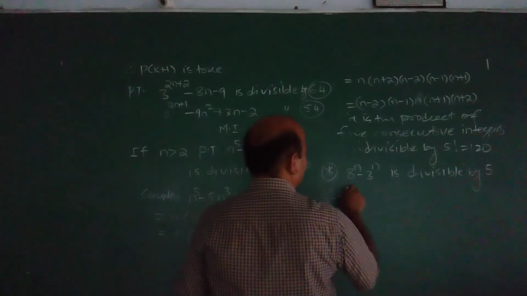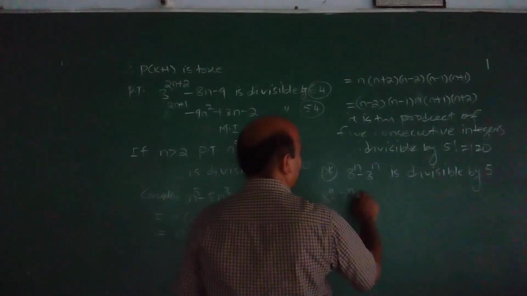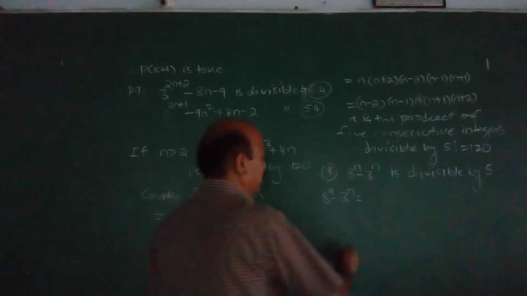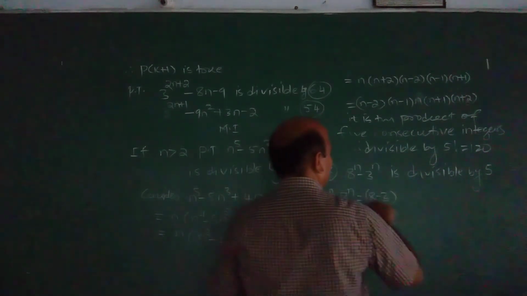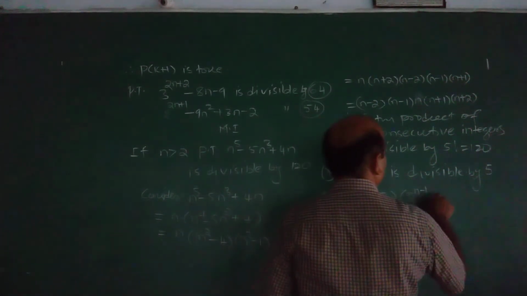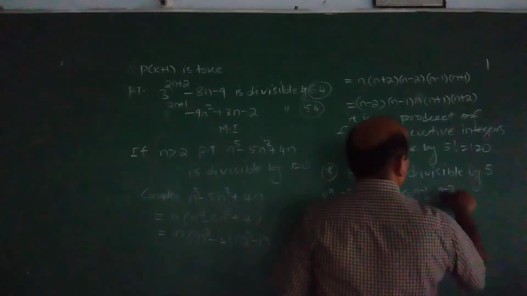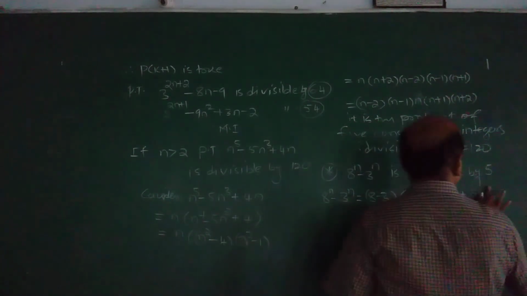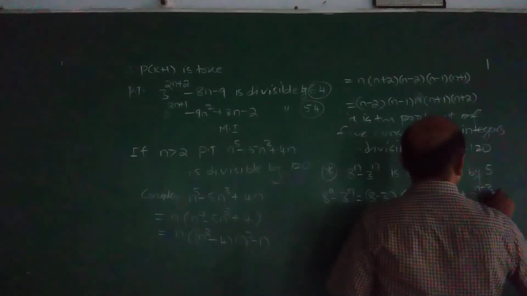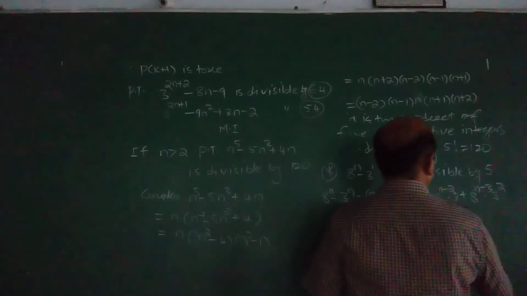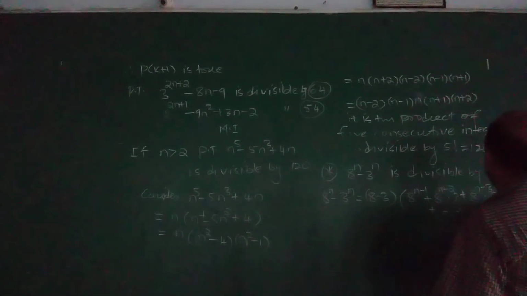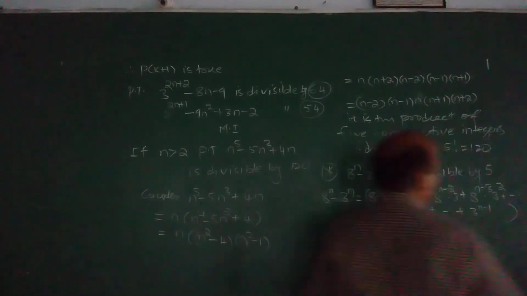We write 8 raised to n minus 3 raised to n, we prove like this. It is 8 minus 3 into 8 raised to n minus 1, 8 raised to n minus 2 into 3, 8 raised to n minus 3 into 3 square, plus so on, plus 3 raised to n minus 1. We factorize like this.